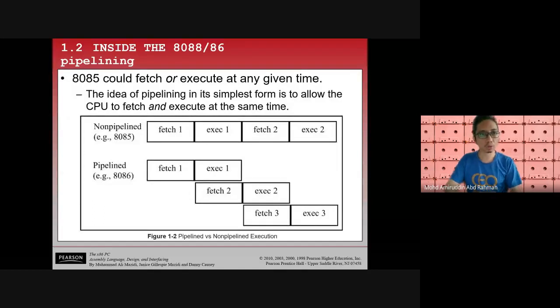All right, so you can see the difference between pipeline and without pipeline.